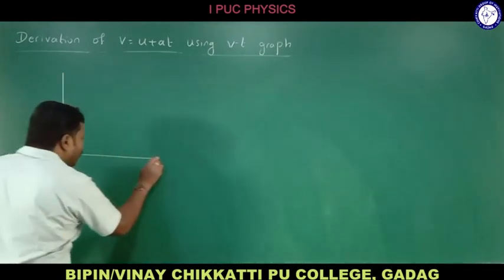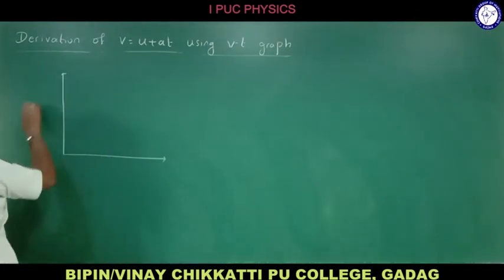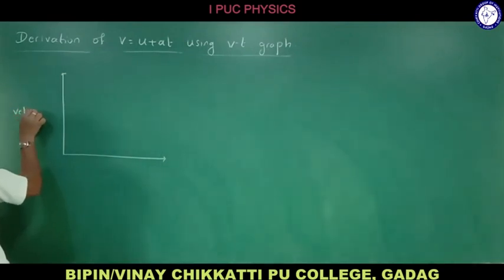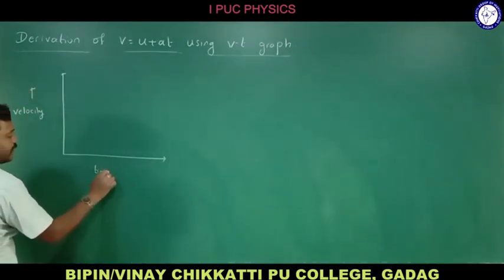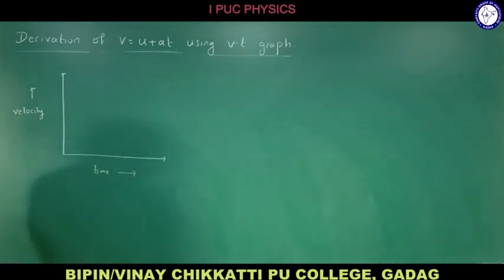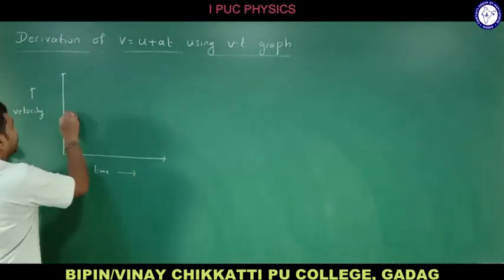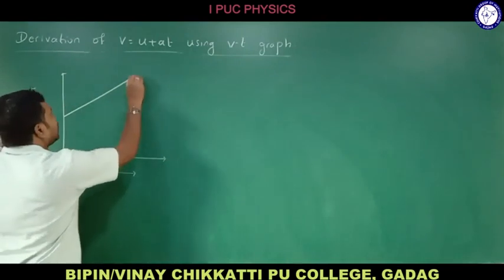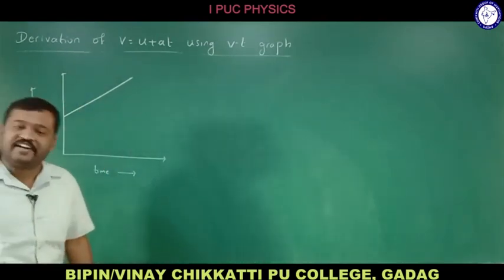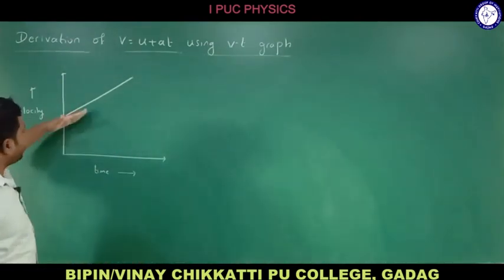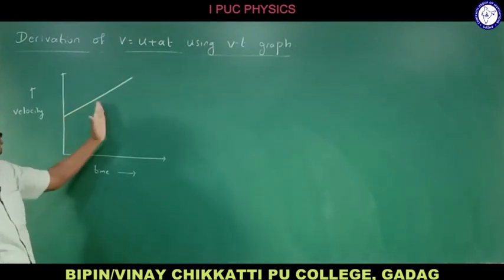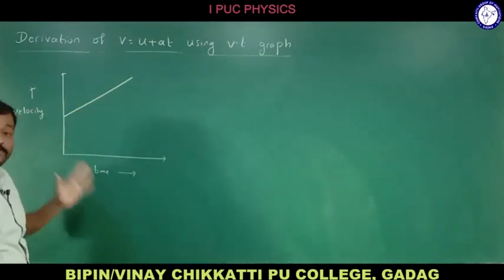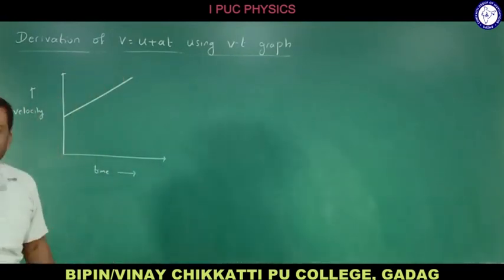Velocity is plotted along the y-axis and time is plotted along the x-axis. For uniformly accelerated motion, the acceleration remains constant, meaning the change of velocity with respect to time remains constant, so you will be getting a straight line like this.